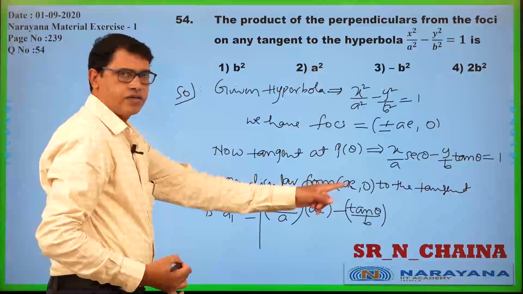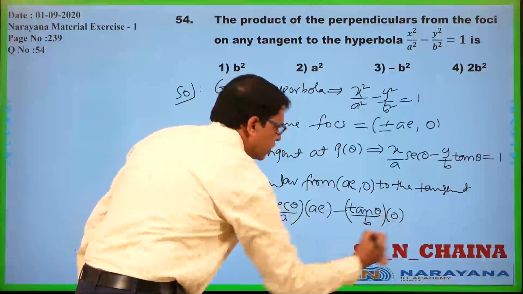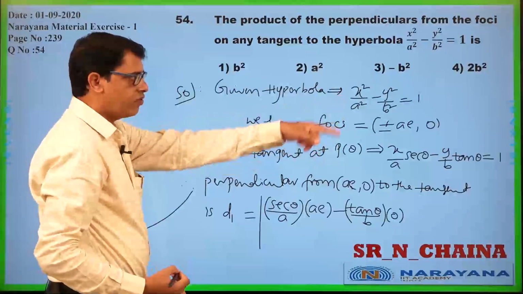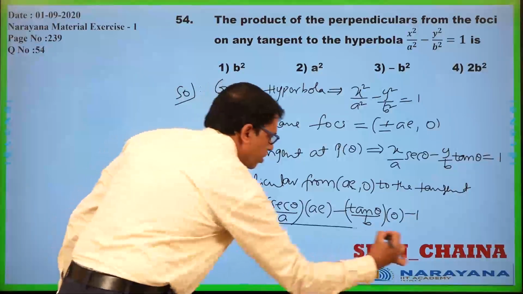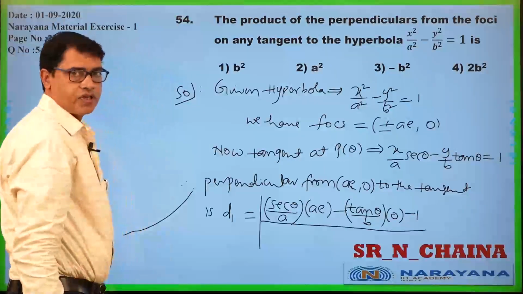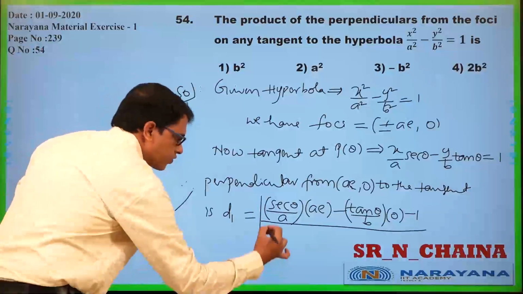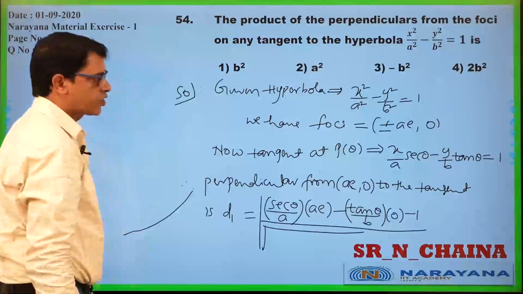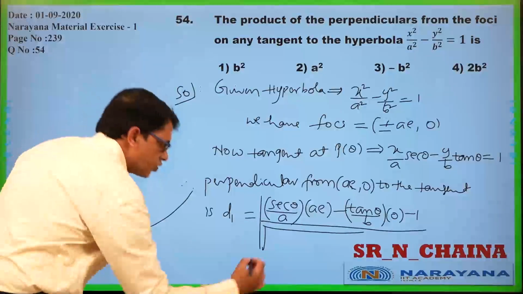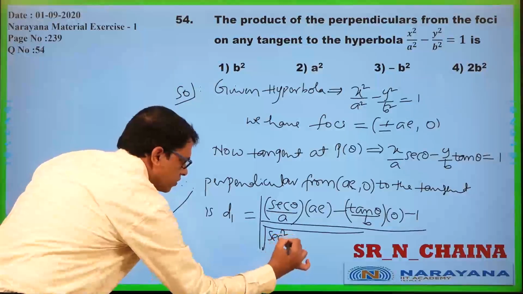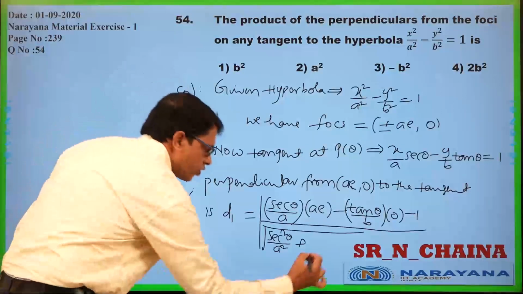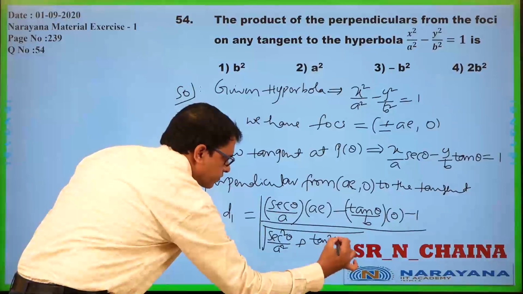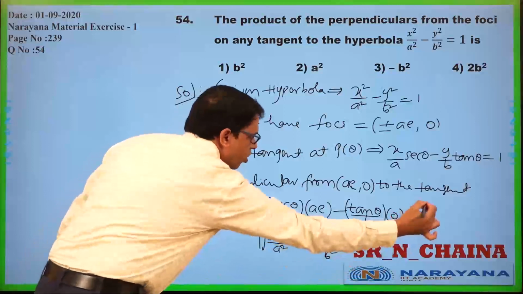What is Y1? 0. Then plus C. What is the C value? Minus 1. So upon root under A square plus B square, the squares of these: secant square theta upon a square plus tan square theta by b square, mod of.